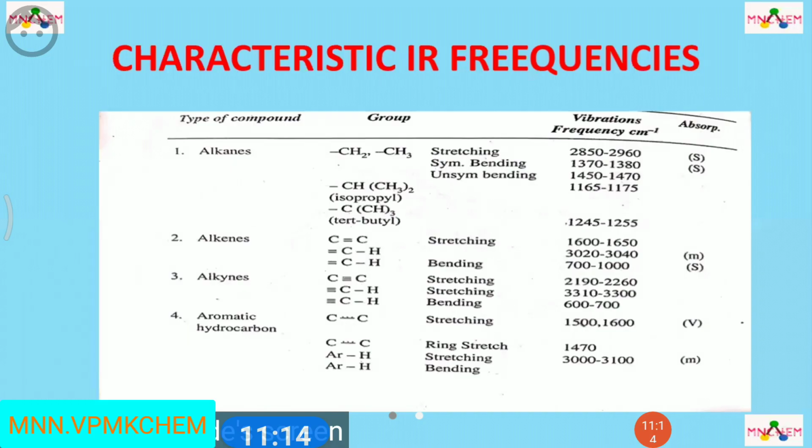Alkenes have stretching frequencies in the region of 1600 to 1650. Alkynes have C triple bond C stretching frequencies between 2100 and 2200. Aromatic rings have carbon double bond carbon stretching frequencies in the region of 1500 to 1600.